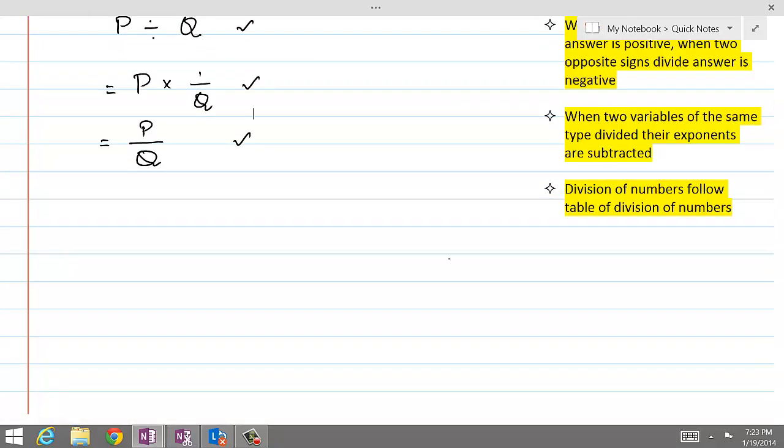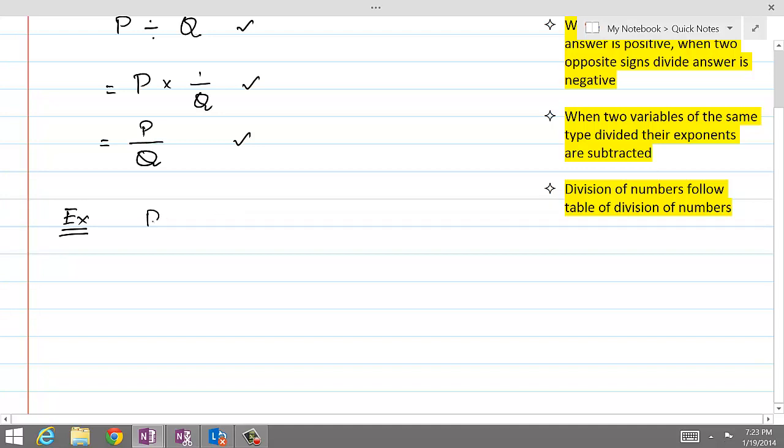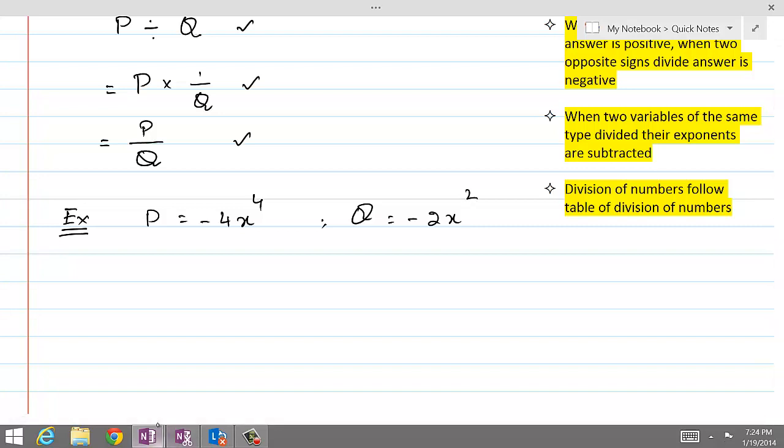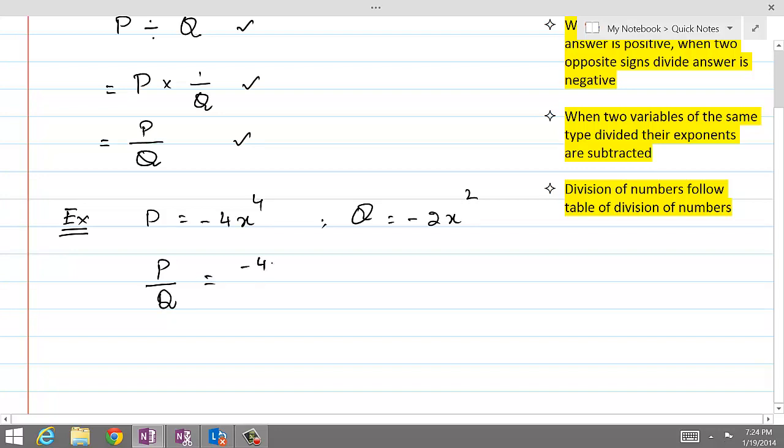So let's do an example where one polynomial is being divided by another polynomial, and here our p is equal to minus 4x power 4 and q is equal to minus 2x square. Now p divided by q, if we divide p by q, this would mean minus 4x power 4 divided by minus 2x square.